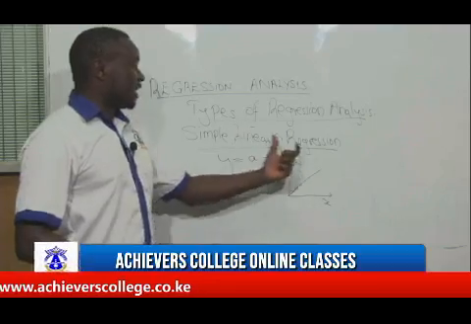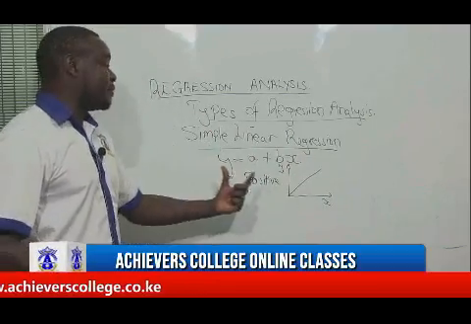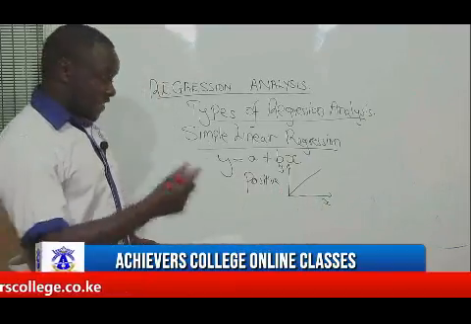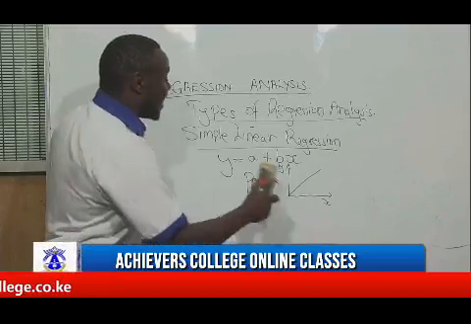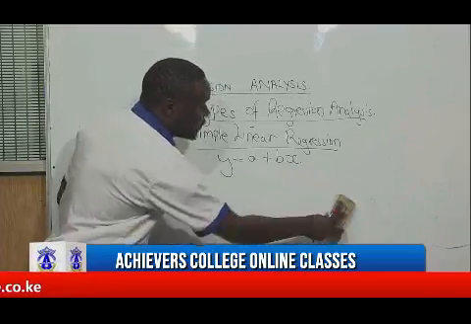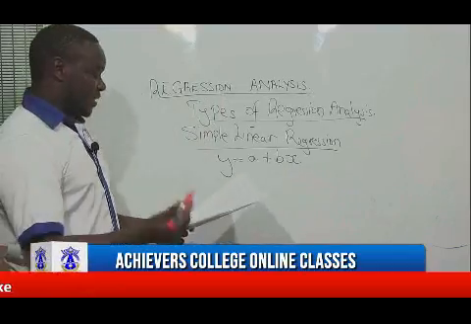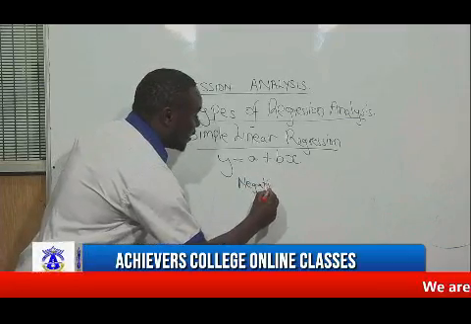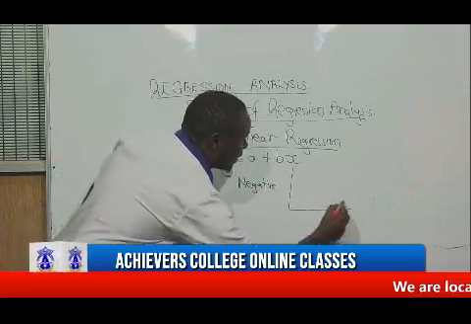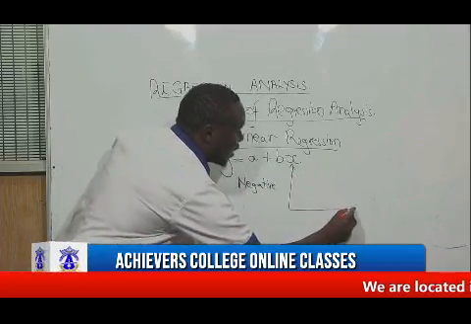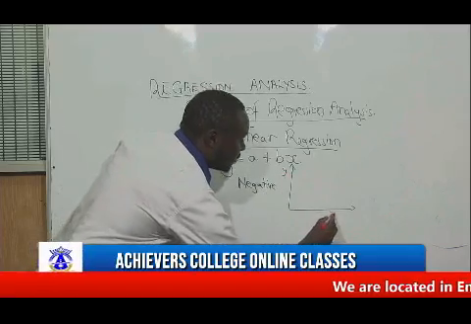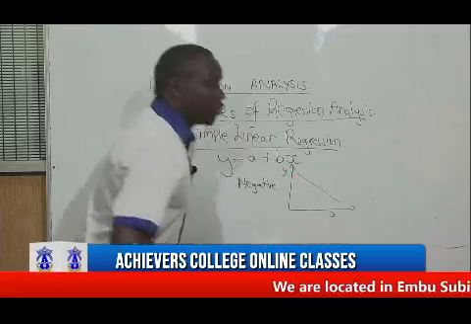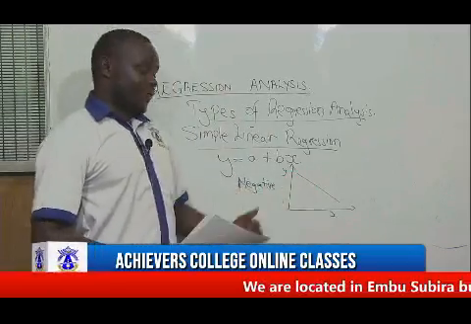If it is a negative relationship, then it takes this form. So you can easily know when the relationship is negative or positive. That is the form it takes.